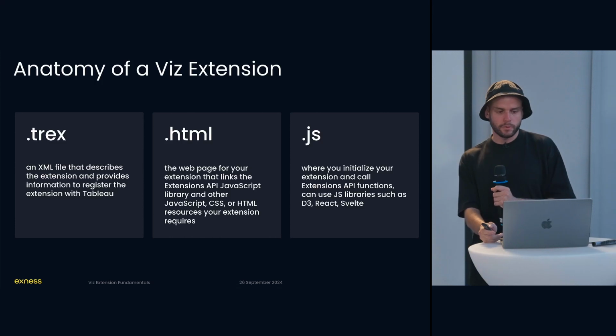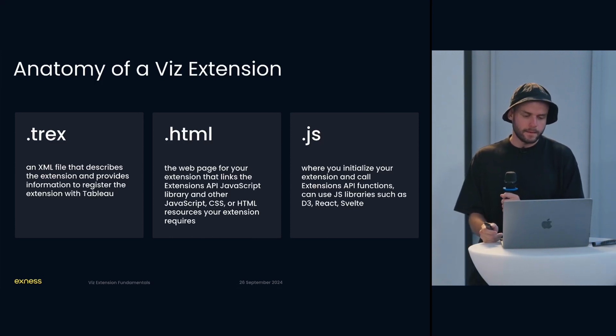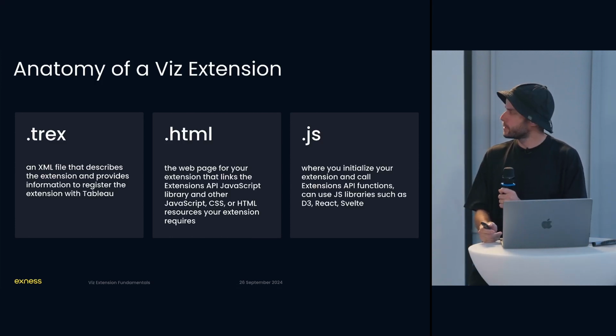Let's talk about the anatomy of the Viz extension. There are three separate important parts here. The first one is the T-Rex file. It's, let's say, an XML manifest with the technical details which help us to connect our extension to Tableau. The second one is HTML.